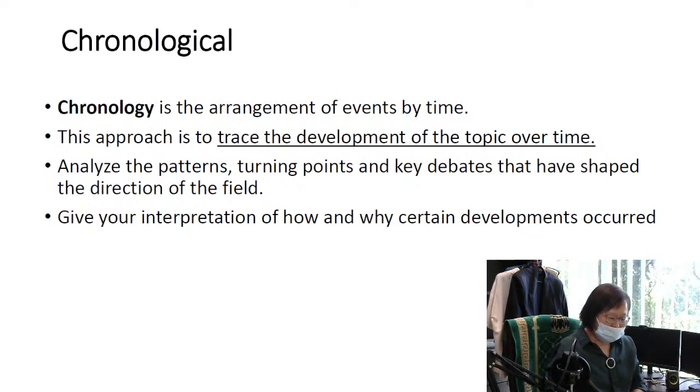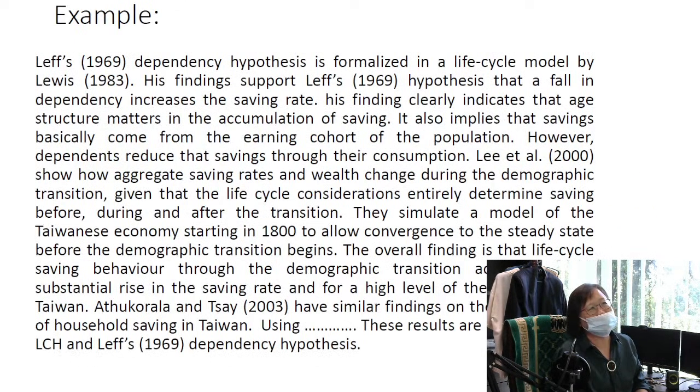Next, you analyze the patterns, the turning points, and the debates, how they shaped the direction of the field until now. And you give interpretation of how and why certain developments occurred. I'll give you an example, again an economics example.